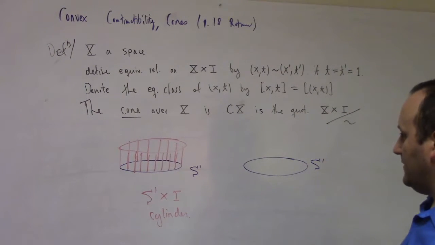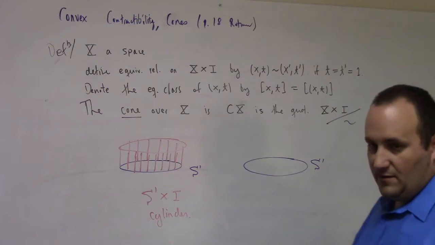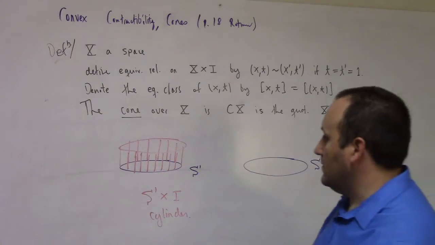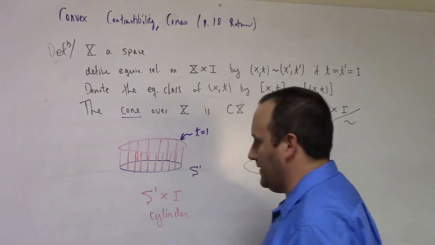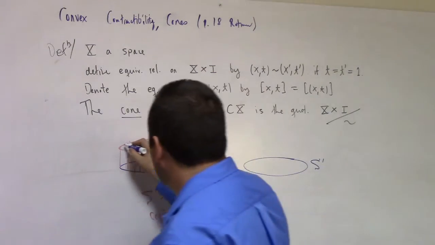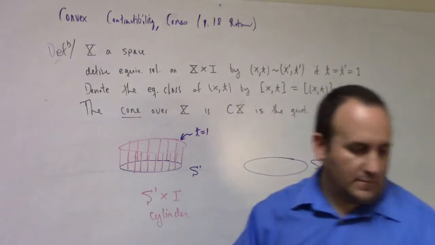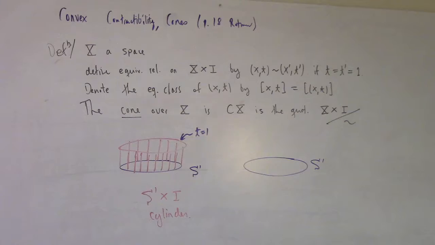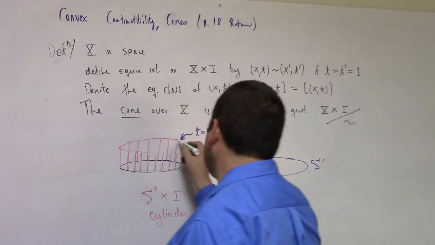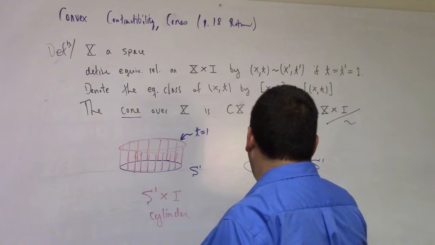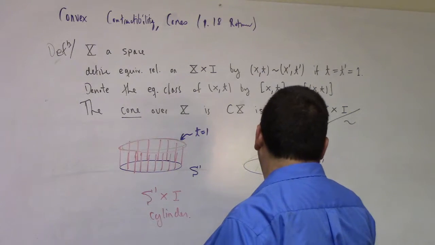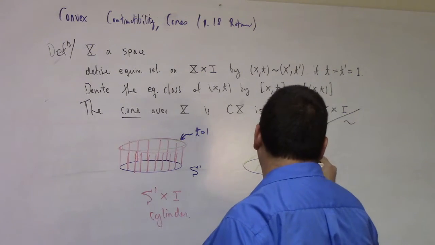If you take that, the top rim is where t equals 1. You take that and glue those together to a point, and that's why this is called a cone.